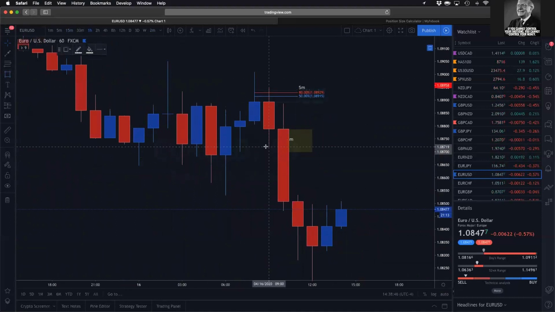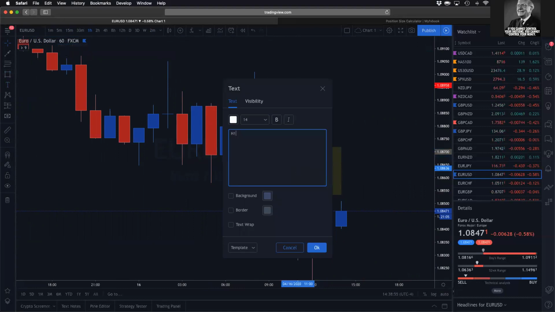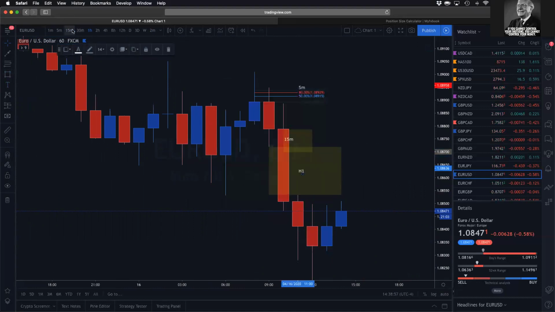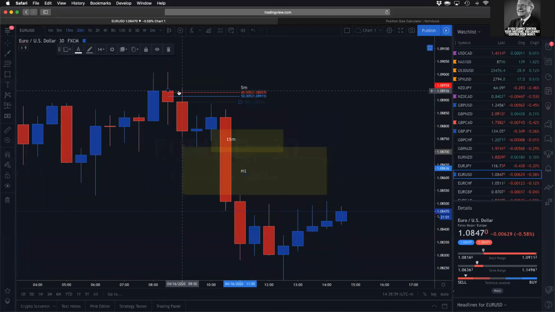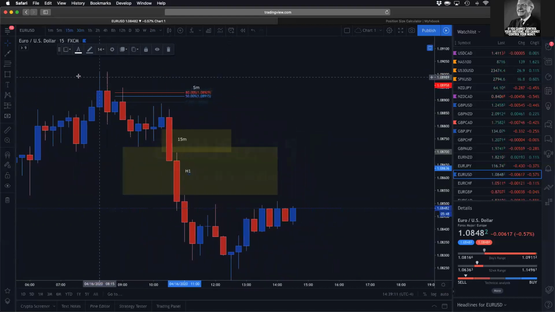So the hour imbalance looks like that. Let me just see what that 30 minute looks like. I'm not even worried about the 30 minute, I'll just split the 15 in the hour. Okay, so we have that 5 minute.